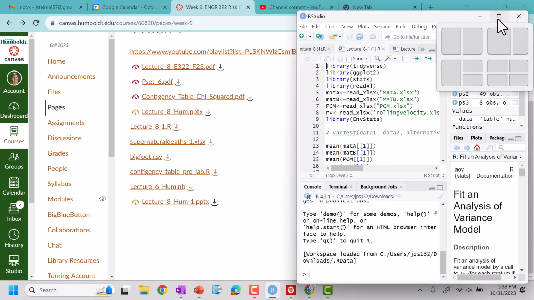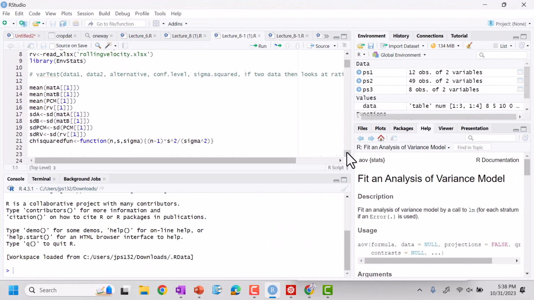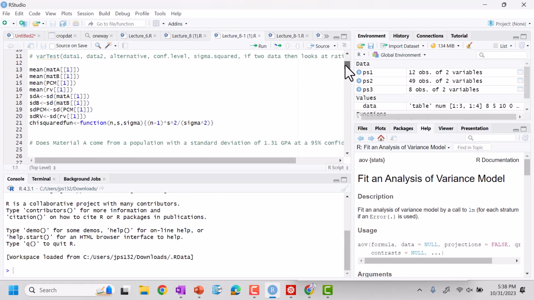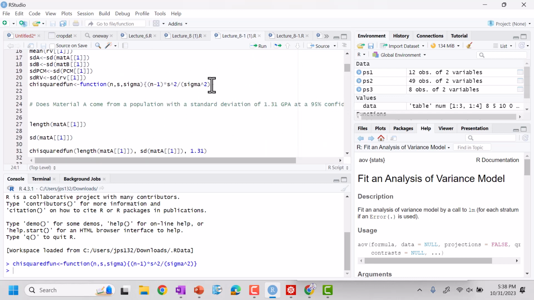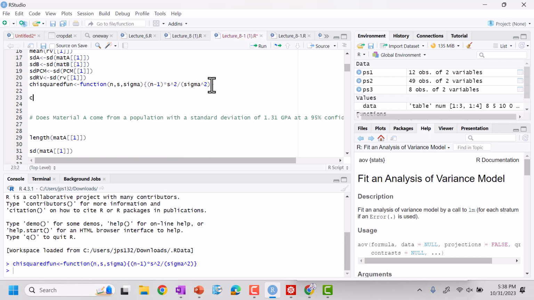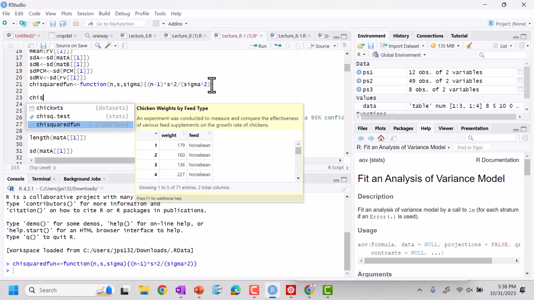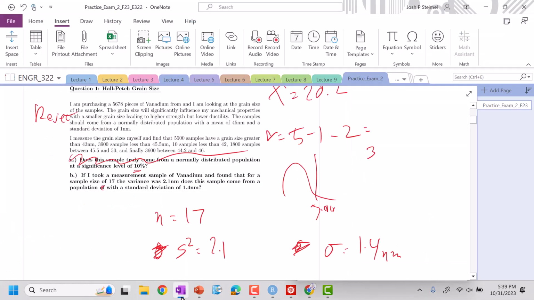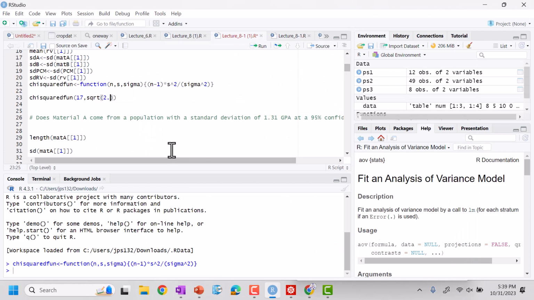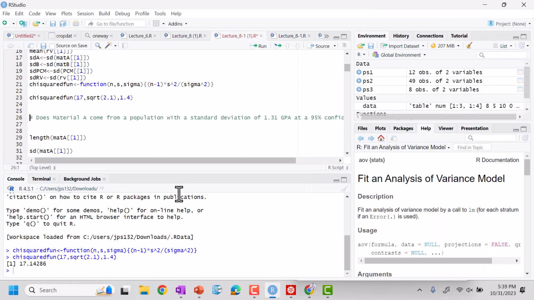So in this problem, for our chi-squared function, our n was 17, and then we use our variance, which was 2.1 for our sample, and our sigma was indeed 1.4. So our chi-squared experimental was 17.14.